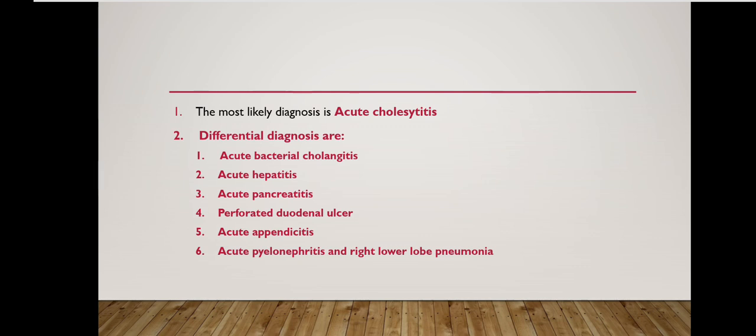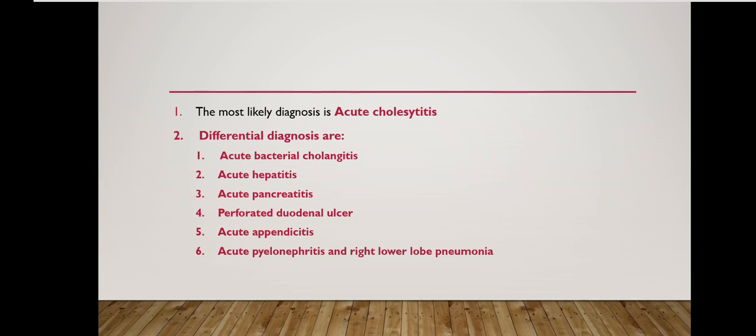Why not acute bacterial cholangitis? In acute bacterial cholangitis, there will be jaundice. In our scenario, the patient is not giving any history of jaundice, while in acute bacterial cholangitis, there will be a history of mild jaundice.